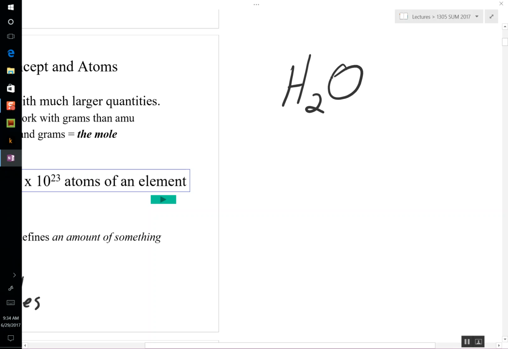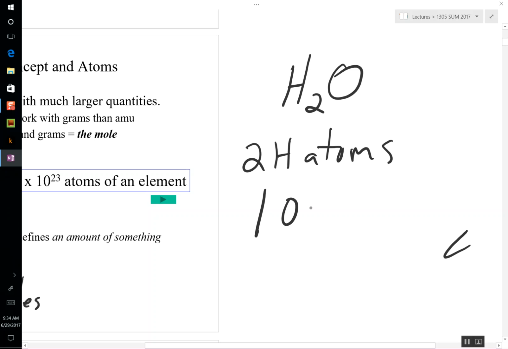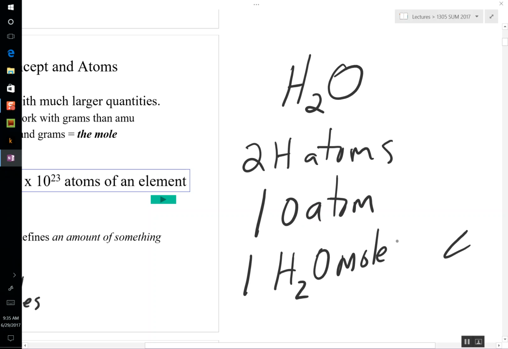It's 2 hydrogen atoms react with 1 oxygen atom to form 1 H2O molecule. So chemists are interested in the numbers of atoms that are involved in something, not particularly the weight, because they're reacting according to their numbers.